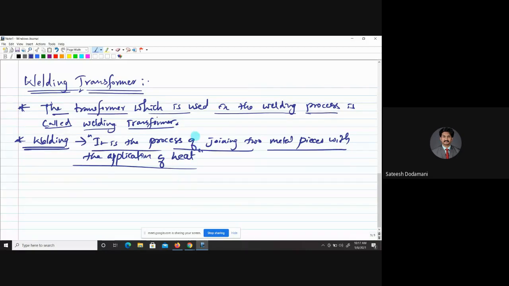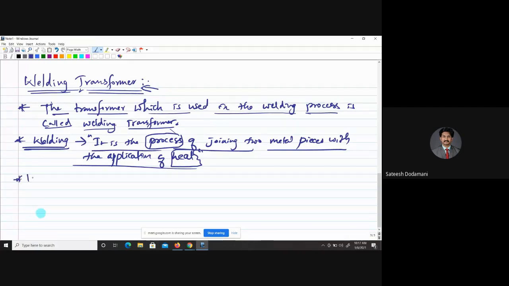Now in this process, to produce this heat, you are making use of this transformer. Hence that transformer is called a welding transformer.